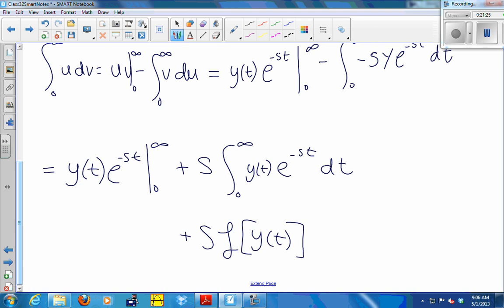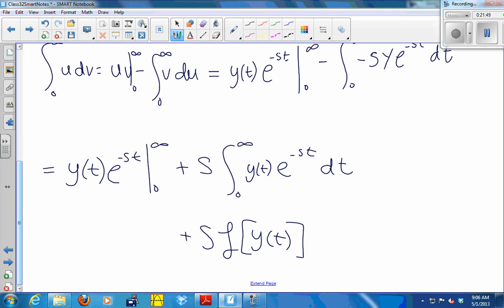And then this guy, now I'm going to use the fact that y can't grow faster than an exponential. Okay, so for s sufficiently large, if y is growing as fast as it can, which would be exponentially, then you've got exponential growth times exponential decay. These two are fighting.